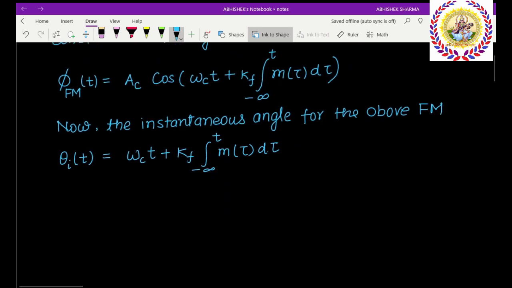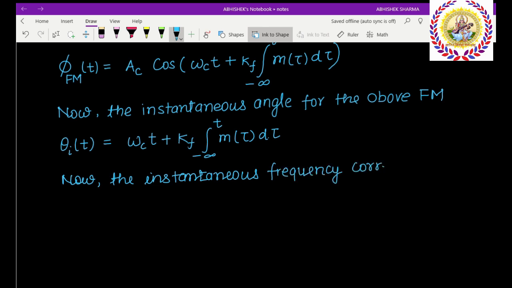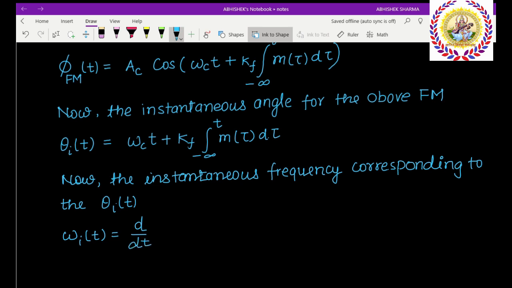Now the instantaneous frequency, which is the derivative of the above expression theta_i(t) with respect to time, is given by omega_i equal to d by dt of theta_i(t), equal to omega_c plus k_f into m(t).